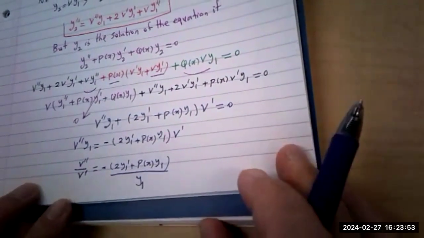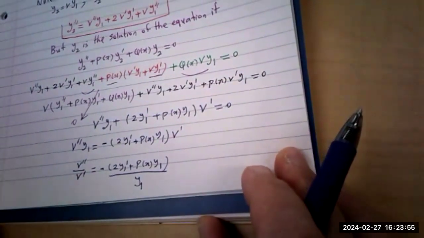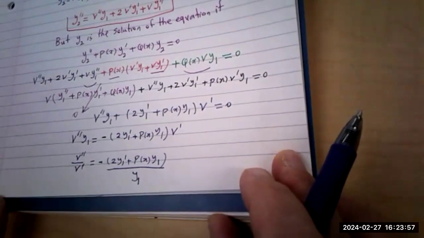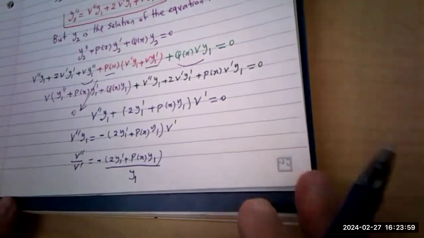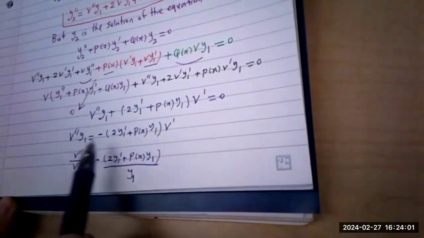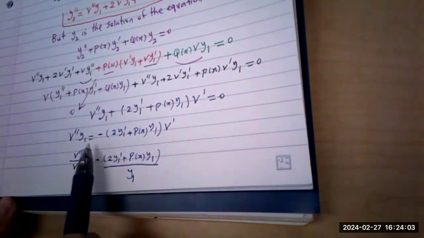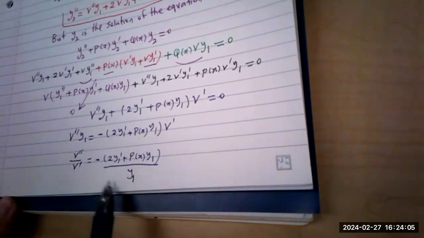Remember separable variable, we put one of the variables and the derivative on one side, everything else on the other side. So we put v double prime and v prime on one side, and I divide by y1 so that I get this one over here. Nicely can be solved.